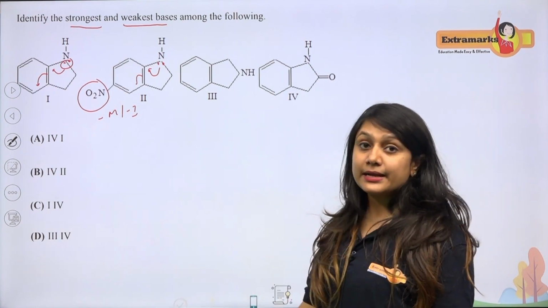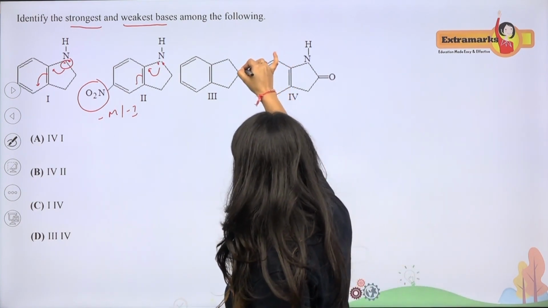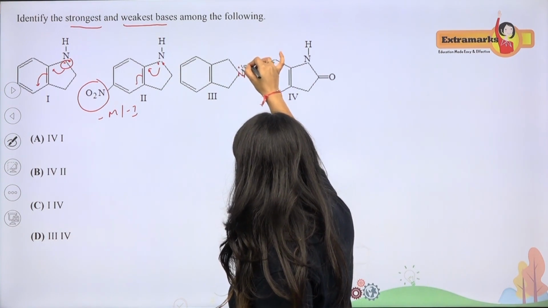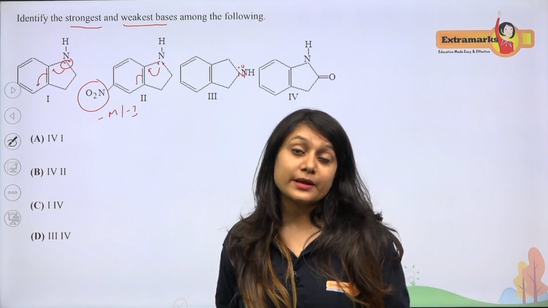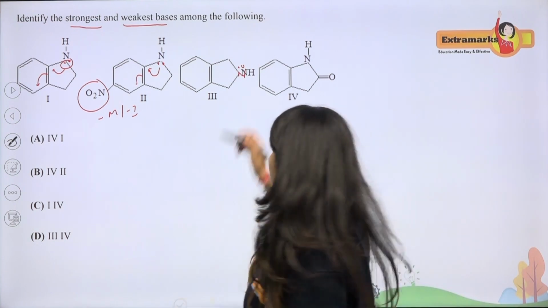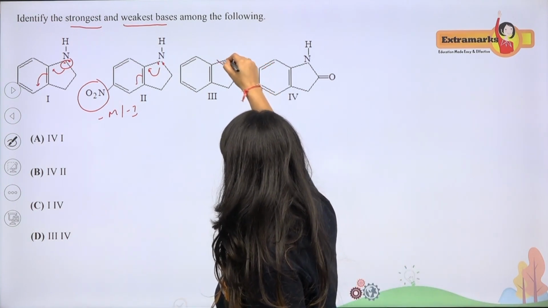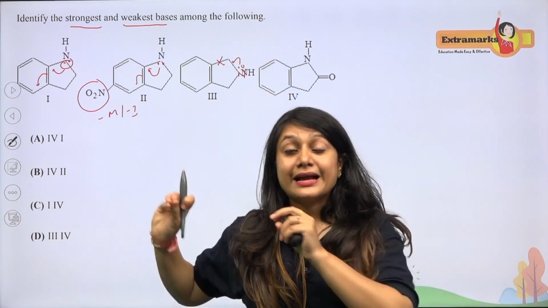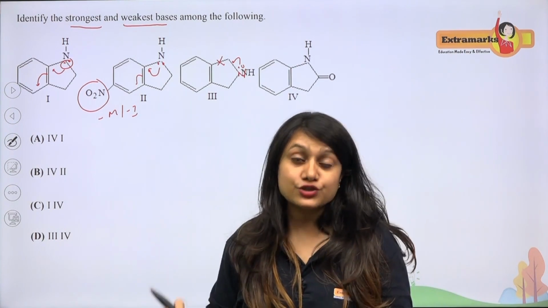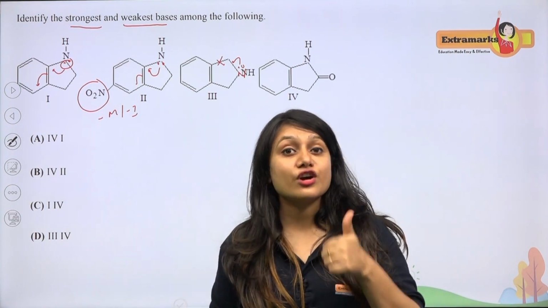Coming to another part, consider this nitrogen present here. Can you tell me, does the lone pair participate in resonance? No, the lone pair is not going to participate in resonance. So there is no resonance, meaning the lone pair is free and can be donated to another atom and work as a base.